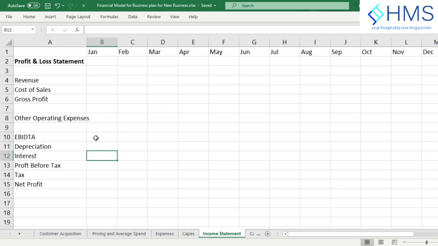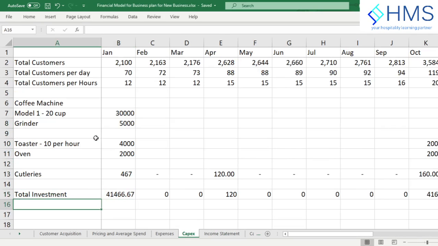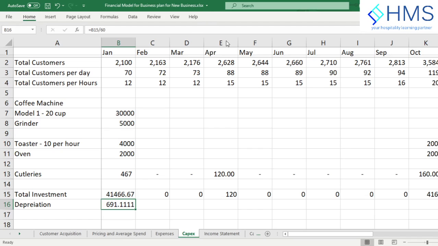So now depreciation you can link. The depreciation will be, if you follow the straight line method, this divided by 60 months, correct? That is going to be your monthly depreciation.